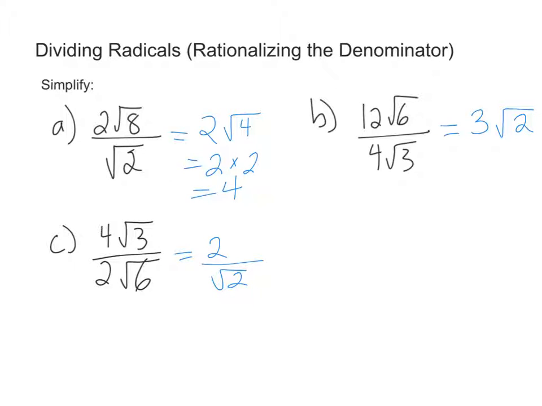That's not fully simplified though. And the reason is that you can't divide 2 by 2, right? Because one's a coefficient, one's a radicand. You can't do that. But it just has to do with the rules of what constitutes a simplified radical.